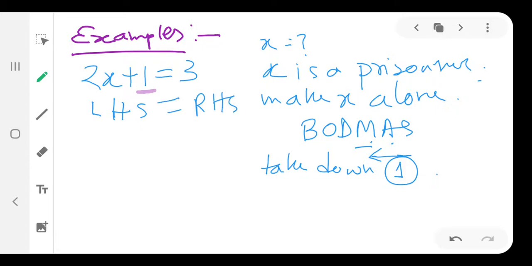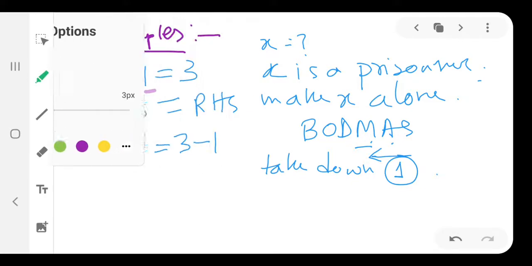Okay, so whatever you do here, you have to do the same thing there. If I subtract 1 from this side, I have to subtract 1 from this side as well. But a very interesting thing I have done, that is this plus 1 and minus 1, because I have taken 1 from there, so this whole part will be 0, right?